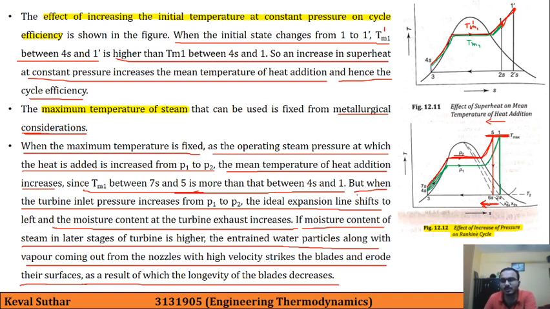So here, even though we can increase the efficiency by increasing the mean temperature of heat addition with the help of higher pressure, on the other side it will increase the moisture content, which reduces the blade life. So there is also another limitation coming over here.